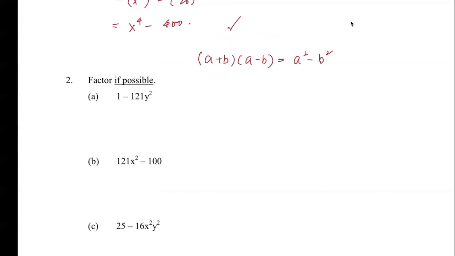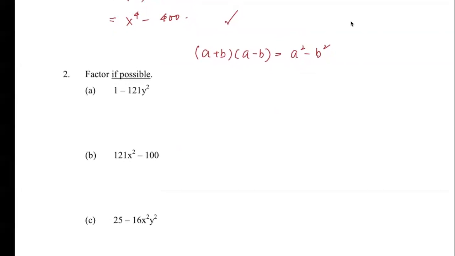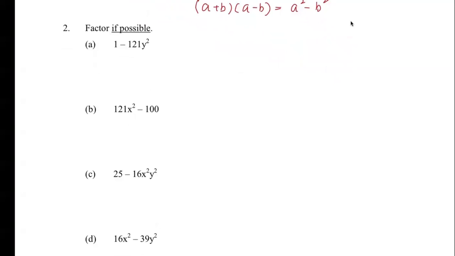Question 2, we're working in this direction. So we're given some expressions of the form a squared minus b squared, and we basically need to factor this, what is called a binomial. Okay, so let's see how to do that.